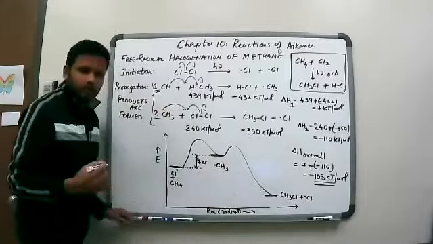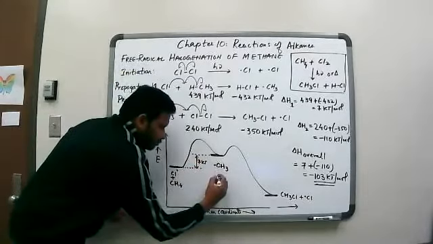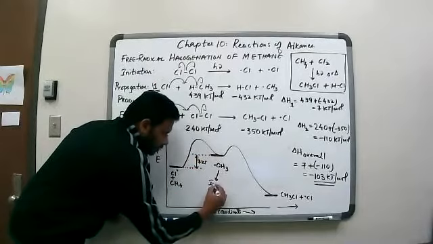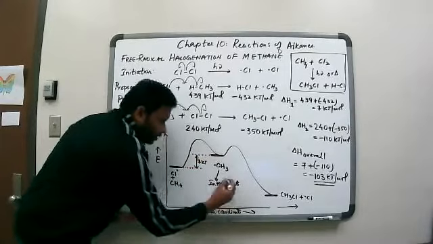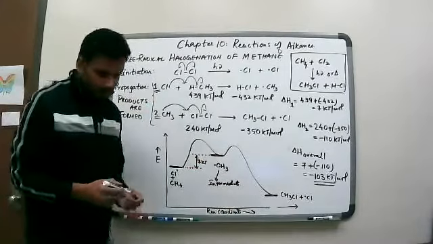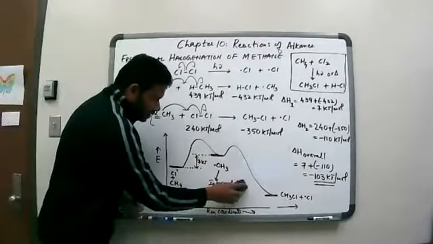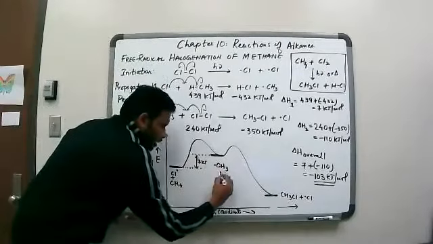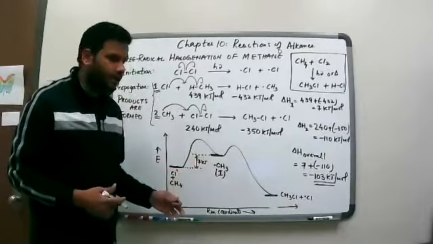Those are important, but I'm just going to erase to make some space for myself. This methyl radical here, this is our intermediate in this reaction. I know this is too small. I can see it on my screen, but that's the intermediate. Okay, this is I. That's the intermediate for this reaction.